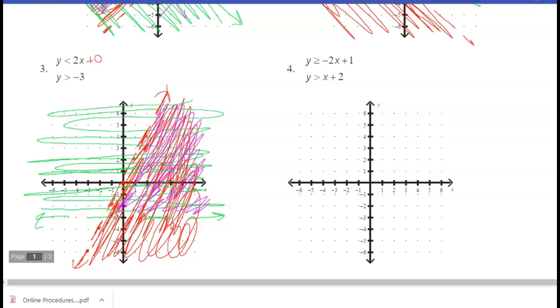Okay, and last one that I'm going to do. Y is greater than or equal to negative 2x plus 1. So we come here, and it's going to be a solid line with a slope of negative 2. So we're going down 2 over 1, down 2 over 1.